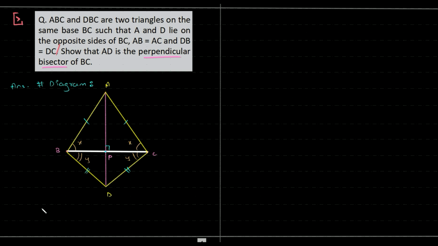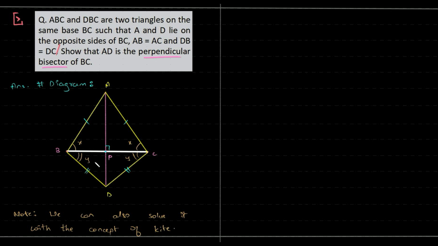Let me write it over here as a note. We can also solve it with the concept of a kite. Yes, so this structure is a kite.